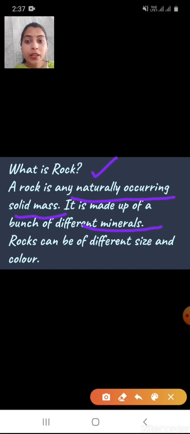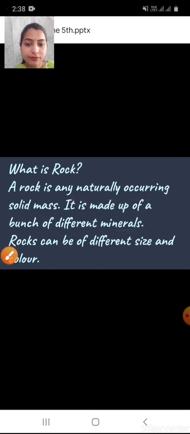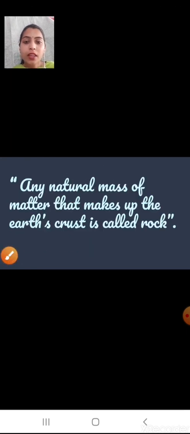Okay. A rock is a naturally occurring solid mass. It is made up of a bunch of different minerals. Rocks can be of different sizes and colors. Now one definition: any natural mass of matter that makes up the earth's crust is called rock.